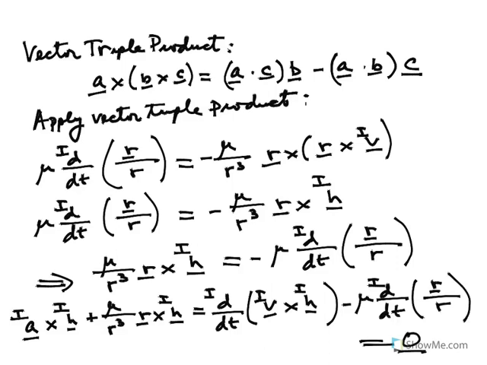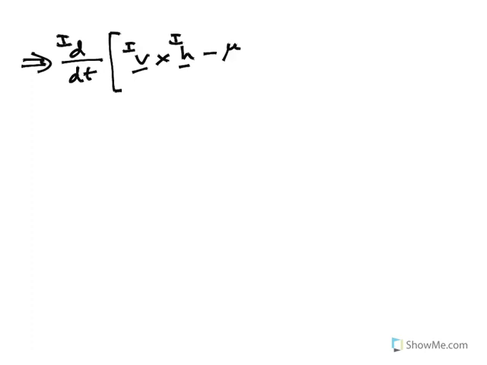And that whole thing has to equal 0. But notice that mu is constant. So as a result, I can bring the rate of change out of the entire expression. So that winds up giving that d dt in I of this entire thing, vi crossed with hi minus mu times r all divided by the radius, is equal to 0.